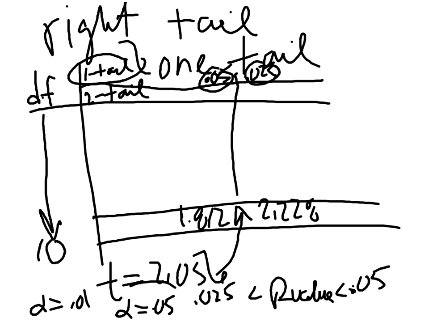So whatever that area is, we now know enough to reject because our p-value is less than 0.05. But recall, we couldn't reject at 0.01 because our p-value is bigger than 0.025.